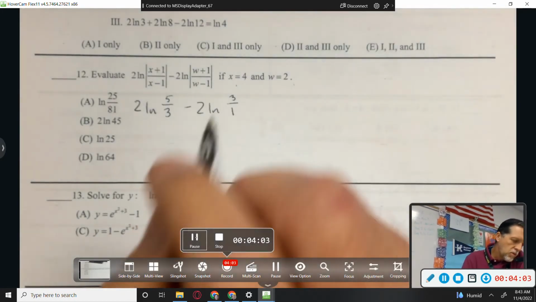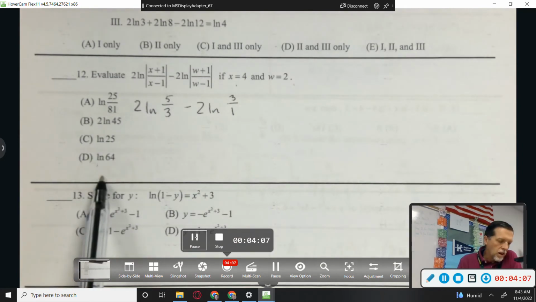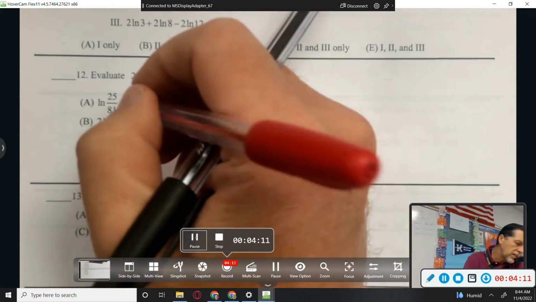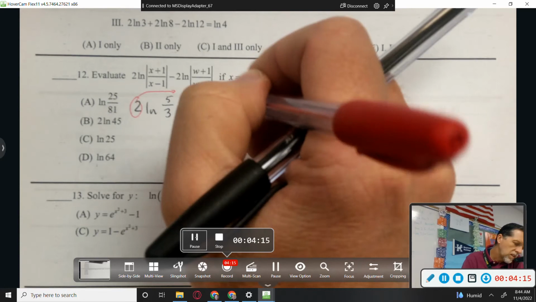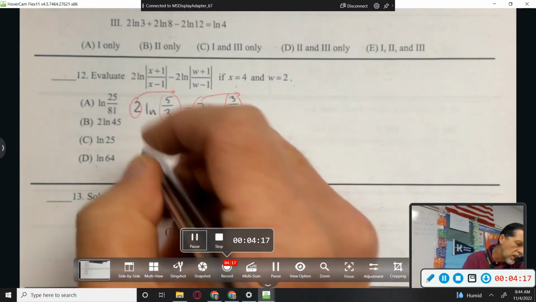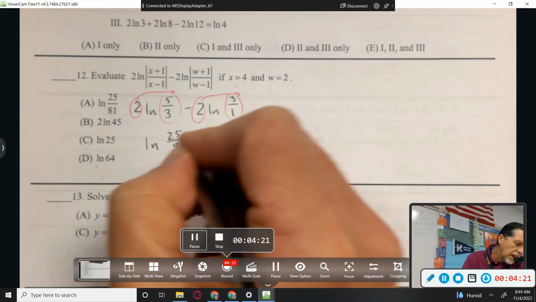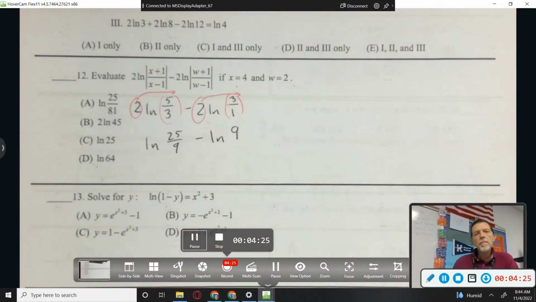Okay, so I got to condense it into 1. I'm going to put the 2's up top as exponents. So natural log of 25 over 9 minus natural log of 9. Okay with that?